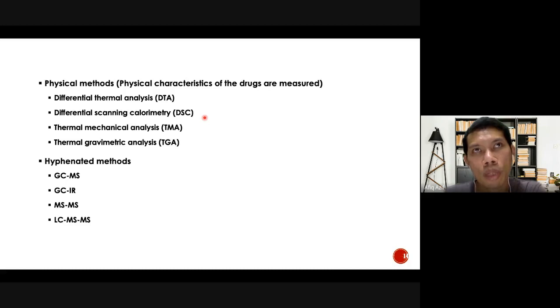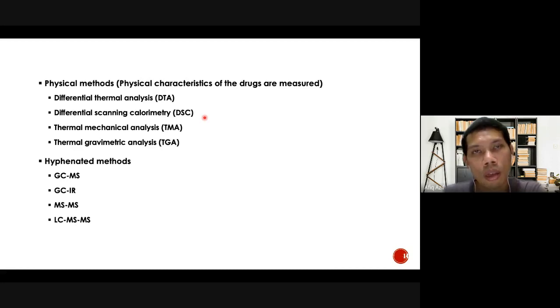Decompose meaning that normally in an organic compound, once you heat it, normally in TGA, the sample will be heated up to 900 degrees Celsius. The sample will end up becoming just carbon, very black carbon. Okay, so from here we can see at which temperature the sample starts to decompose.